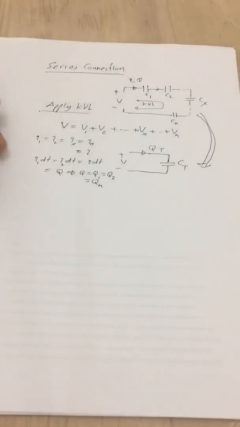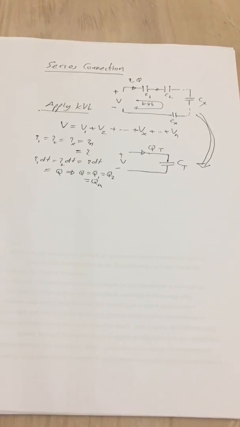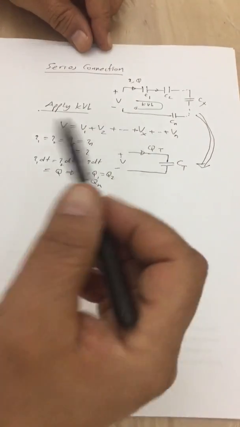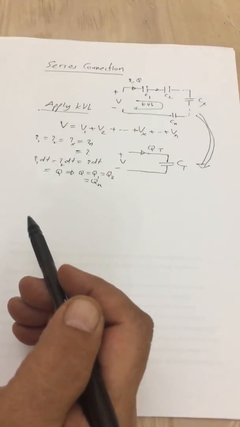So if we have a series connection, then the charge across all capacitors should be the same. Only the voltage will sum to the total voltage, which is V.